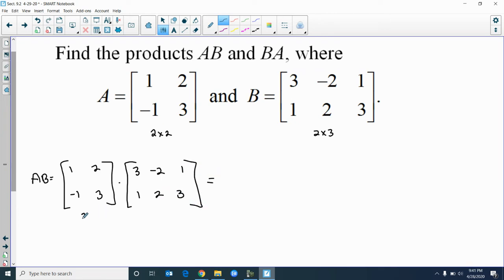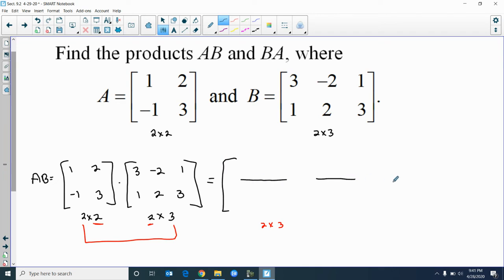The answer: so I get a 2 by 2 times a 2 by 3. My inner dimensions are the same. The outer ones here will be the product. So my answer has to be a 2 by 3. And here's how we figure out what that 2 by 3 is.